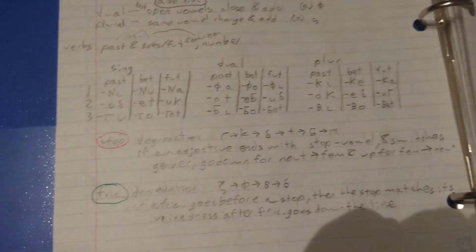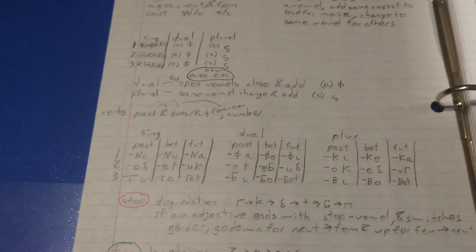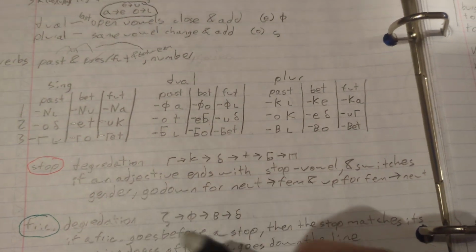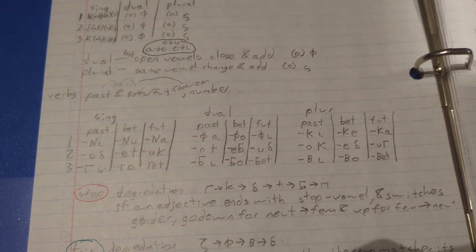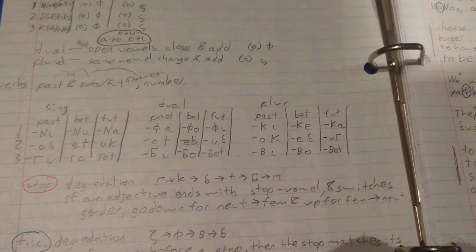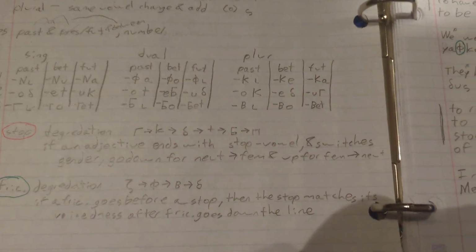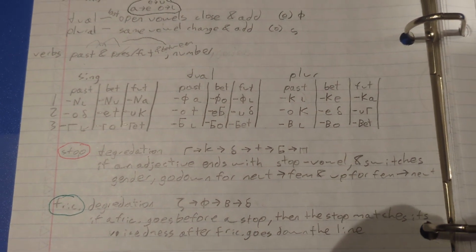Now, this is kind of the interesting rules that I just made up on my own. So stop degradation is basically going from good to puh, where it's back of the throat to bilabial, stops, and then plosives, not really stops. My bad.